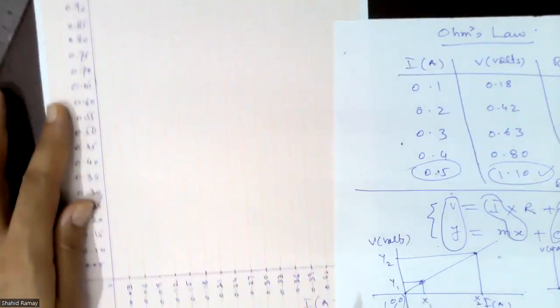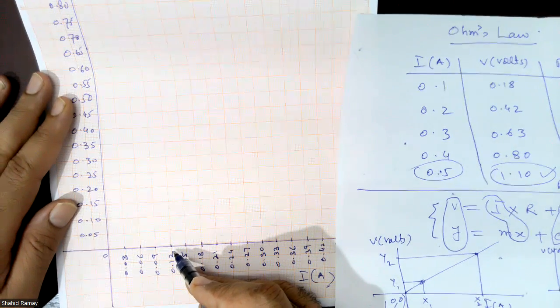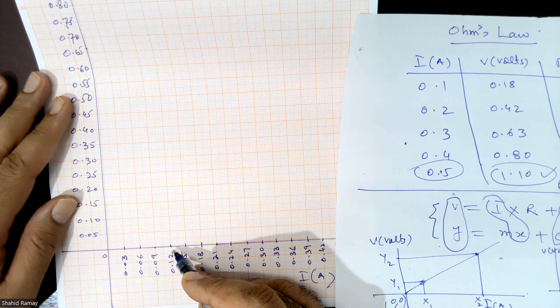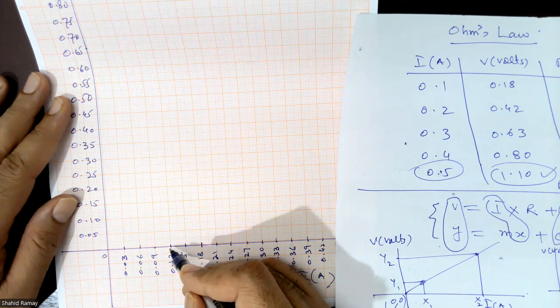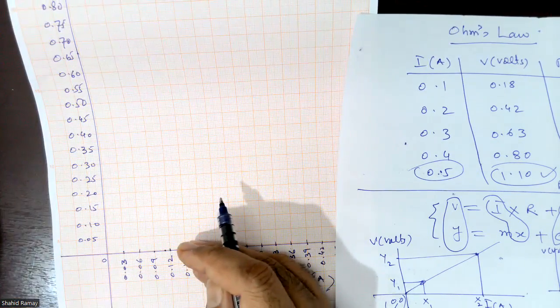From this side, 0.12 is this one. It is not 0.1, it is 0.10. Okay, so it is close to 0.12, so we will take it here around approximation.